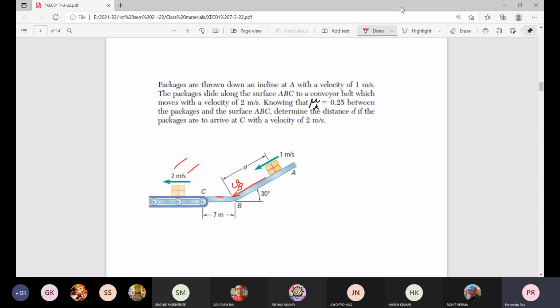Okay, and this friction will do negative work and decrease the velocity, but we need to make that velocity Vc 2 meter per second so that there is no jerk when it is coming here.